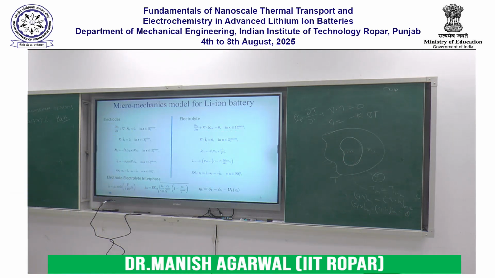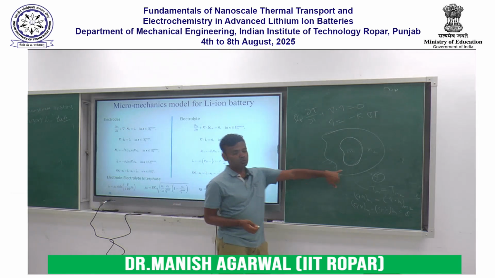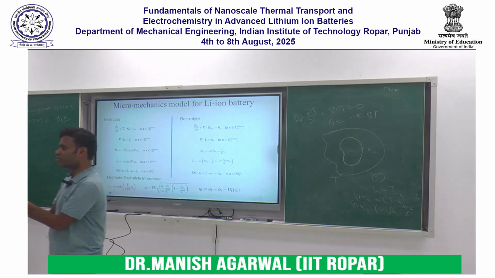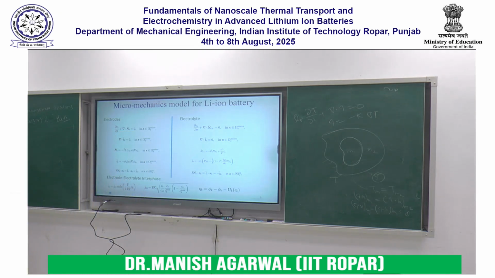So all I am trying to connect here is that you also require an initial condition, because if my plate was already at 100 degrees Celsius, the final response is going to be different. If my plate is at 50 degrees Celsius, the final response is going to be different, right?